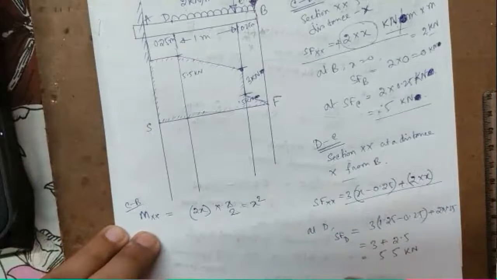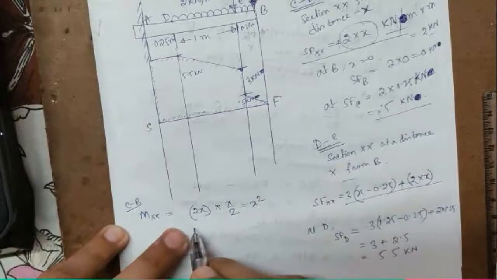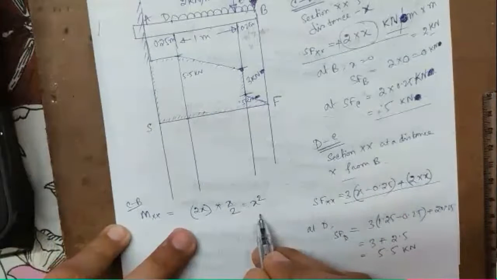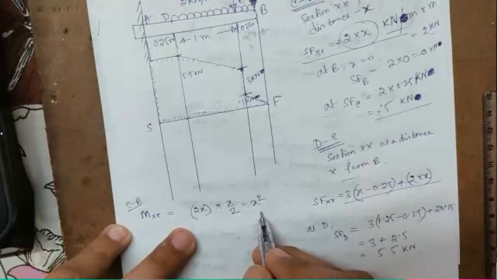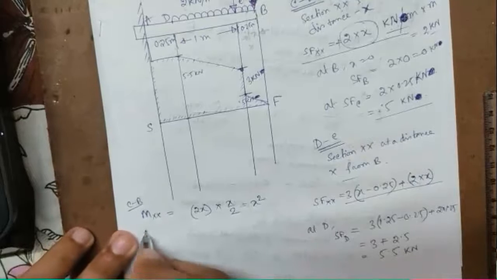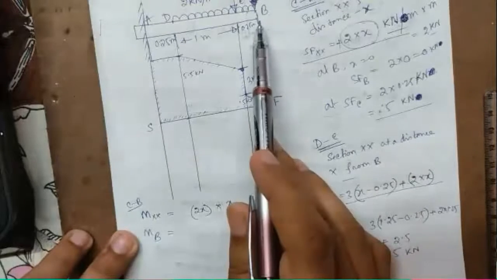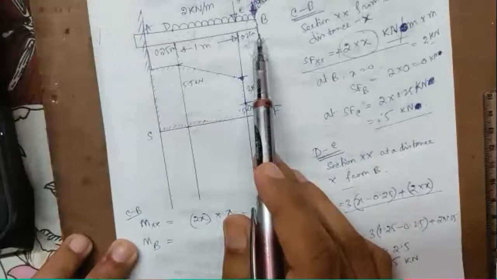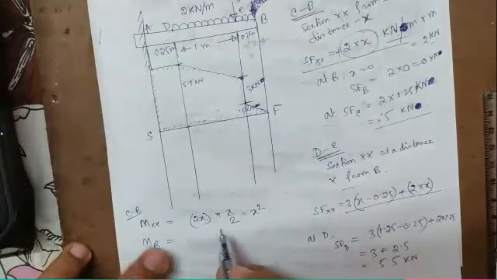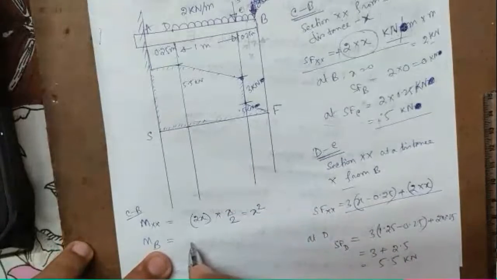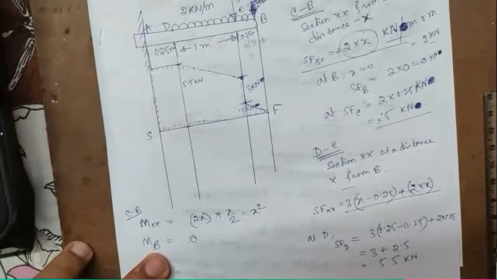So from B to C it is working following this equation. From here we can get at x equal to 0, that means at B, bending moment will be equal to 0.